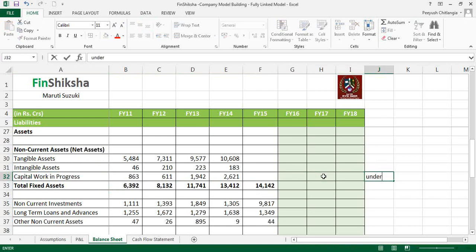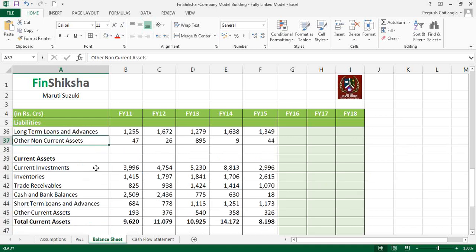So this is in effect under construction plants, for example, plant and machinery, correct? That's capital work in progress that we see. Non-current investments are long-term investments. Long-term loans and advances are money that the company has given to someone, for example, on lease. They have taken a factory on lease and they've paid a rental deposit there. There could be some other meager non-current assets.